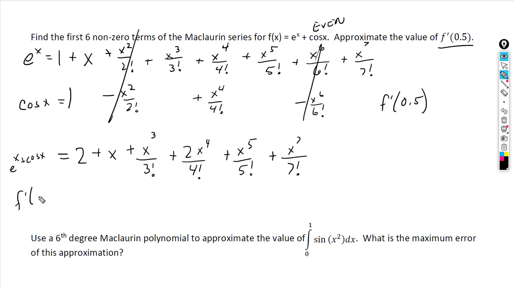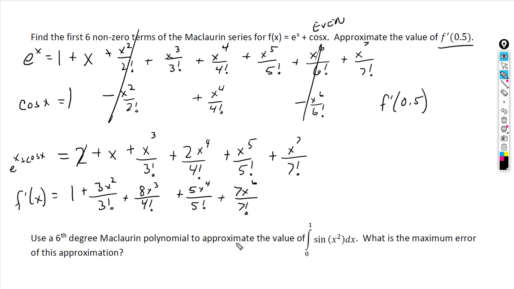So f prime of x is equal to 1, this goes to 0, plus 3x squared over 3 factorial plus 8x to the third over 4 factorial plus 5x to the 4 over 5 factorial plus 7x to the 6th over 7 factorial. I'm going to plug in the value of 0.5, so find the derivative at 0.5.